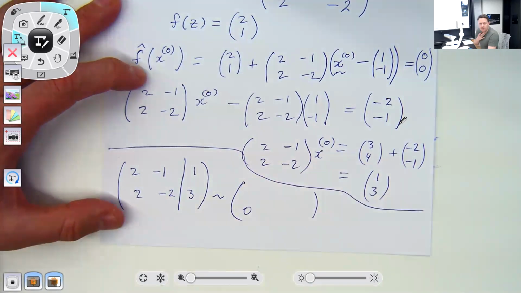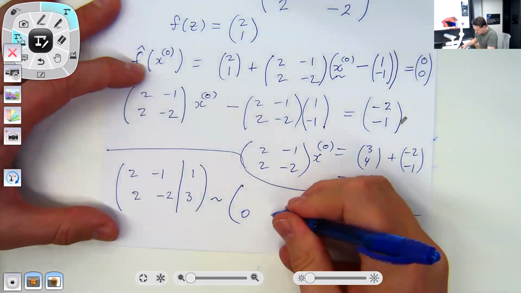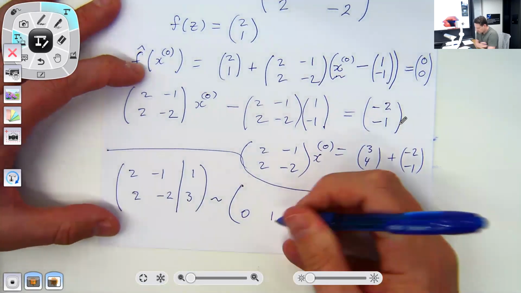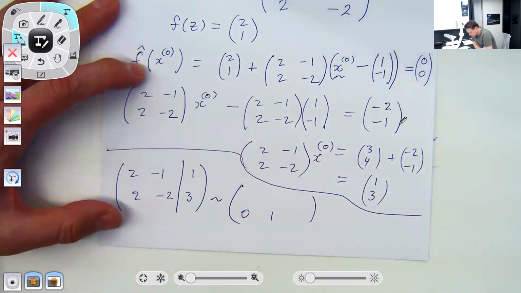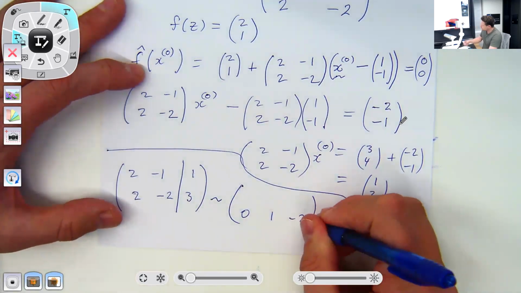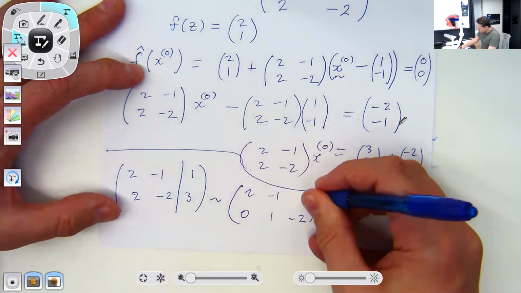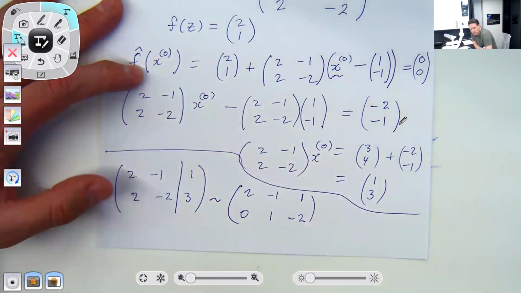Put that in the second row, so we'll get a 0 in the first entry. And then we'll have 1 minus minus 2, which is 2 minus 1 is 1. And in the last entry, we have 1 minus 3 is minus 2. And then we still have the 2 minus 1, 1 in the top row. Okay, good.